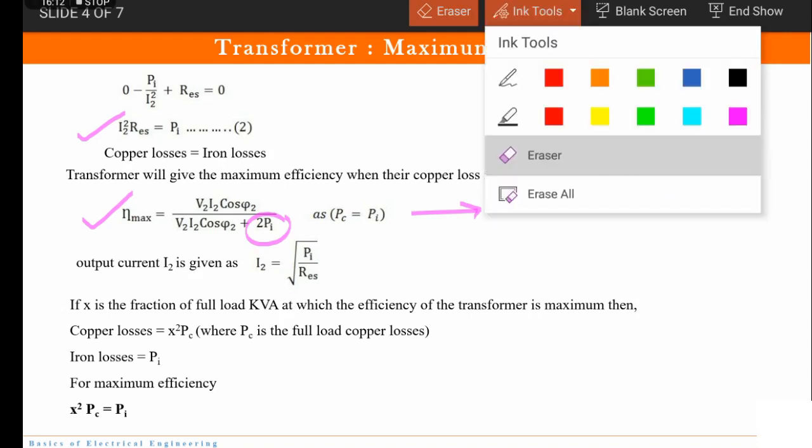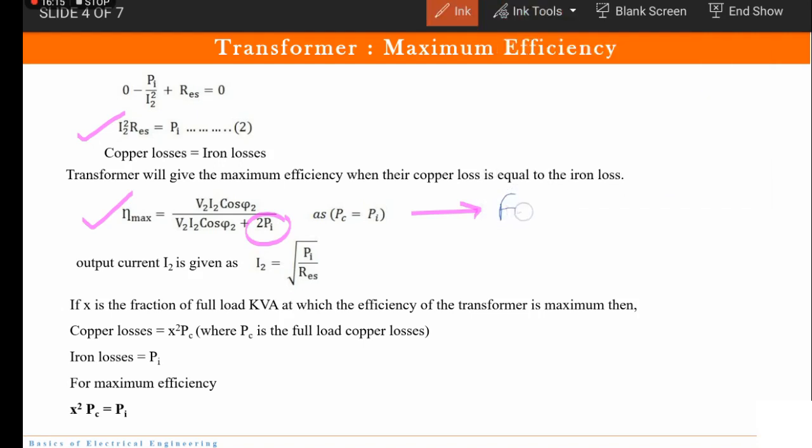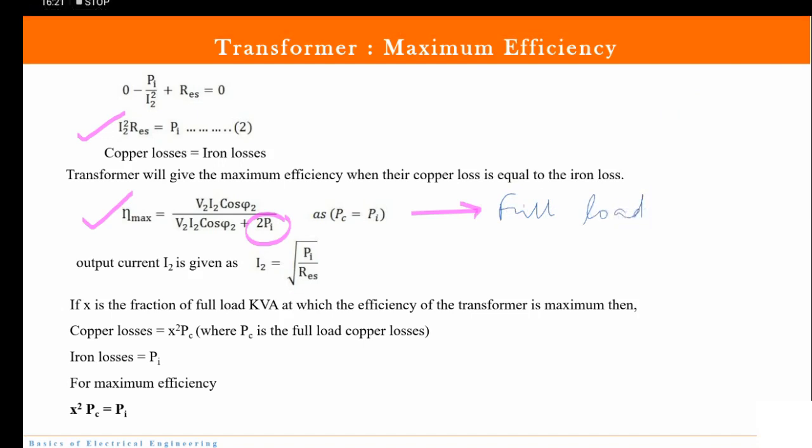When we take full load condition, this equation is applicable. But when we take X amount of this, next condition comes. So copper loss becomes X square PC instead of only PC. But iron loss is not affected by that, so iron loss will remain the same.